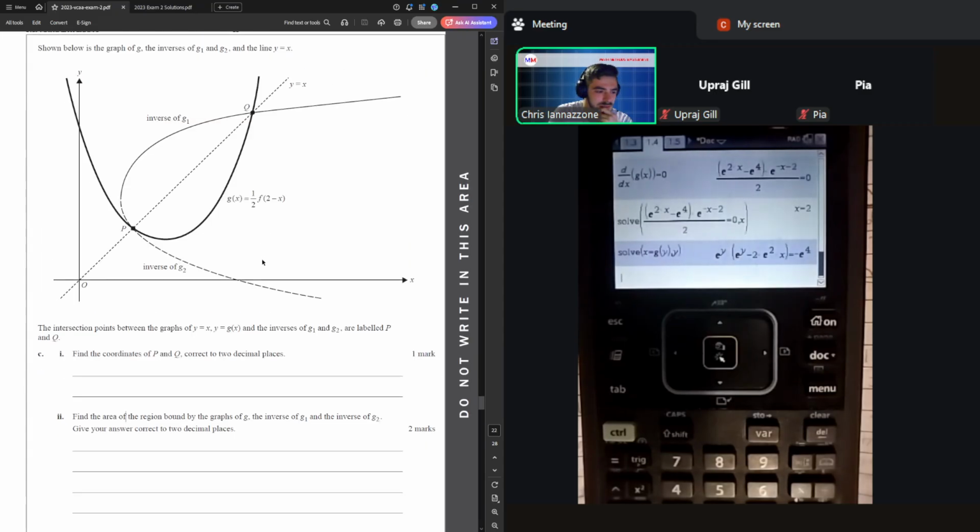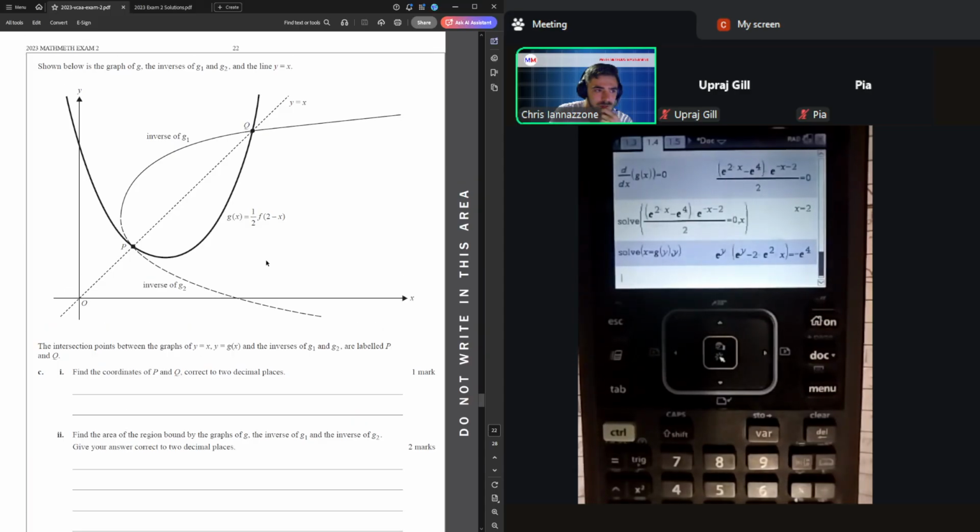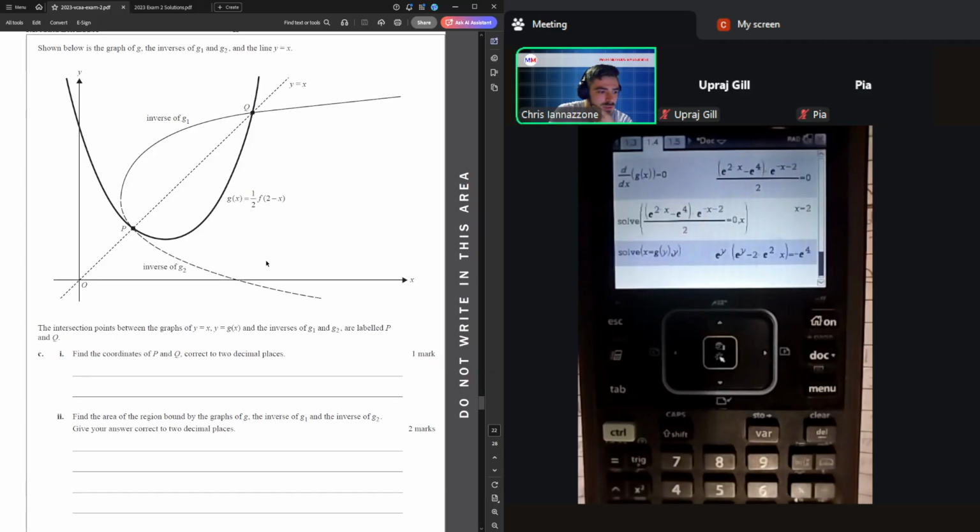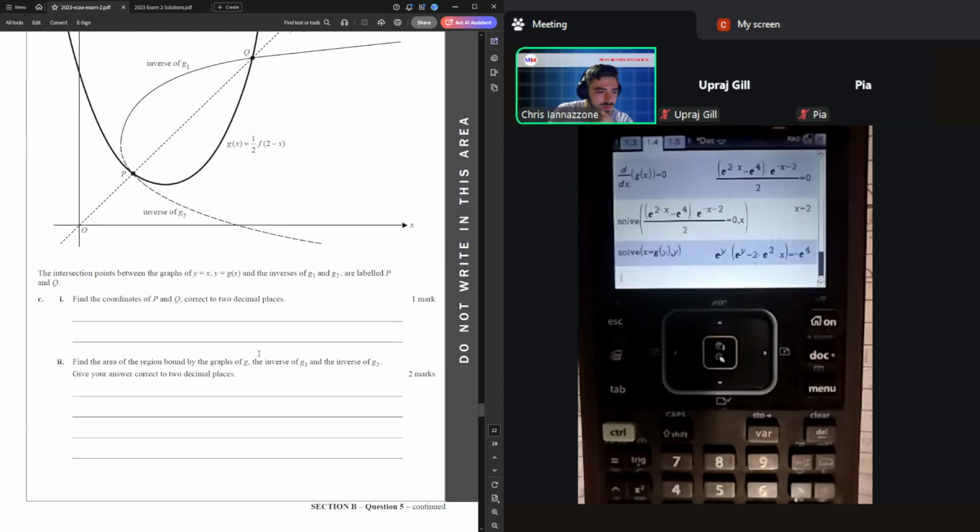VCAA don't seem to care, but I won't say it'll hurt. It'll either be nothing or a benefit. It's more so if they've specifically put units in the question that it matters a lot.